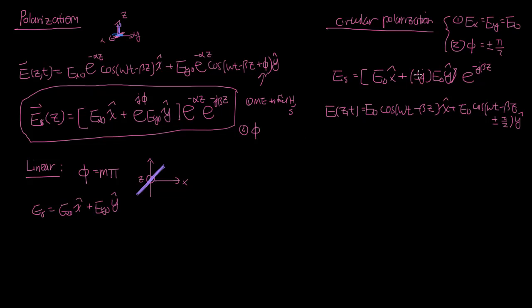So in the case of whether this is plus or minus j, you can rewrite the instantaneous form as E naught cosine of omega t minus beta z in the x hat direction, minus plus, meaning if this is plus j, you have a minus here, if this is minus j, you have a plus here, E naught sine of omega t minus beta z in the y direction.